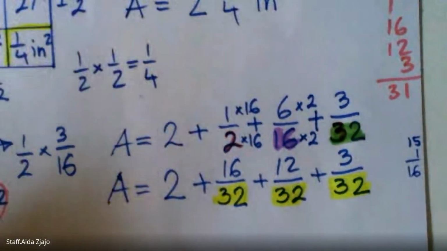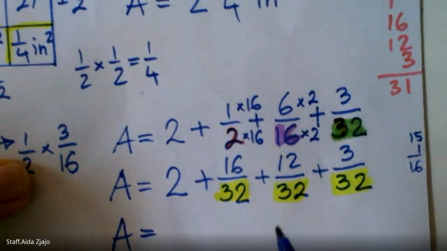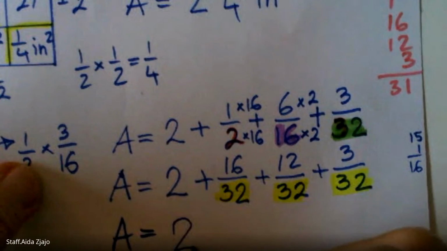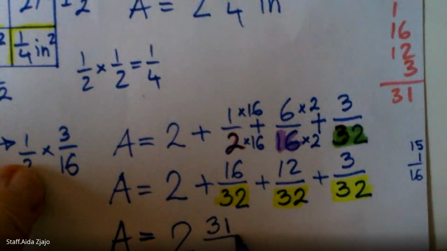So I have the final answer: the area of this rectangle is 2 wholes and 31/32s. Only one 32nd is missing, and then I would have 3 wholes.